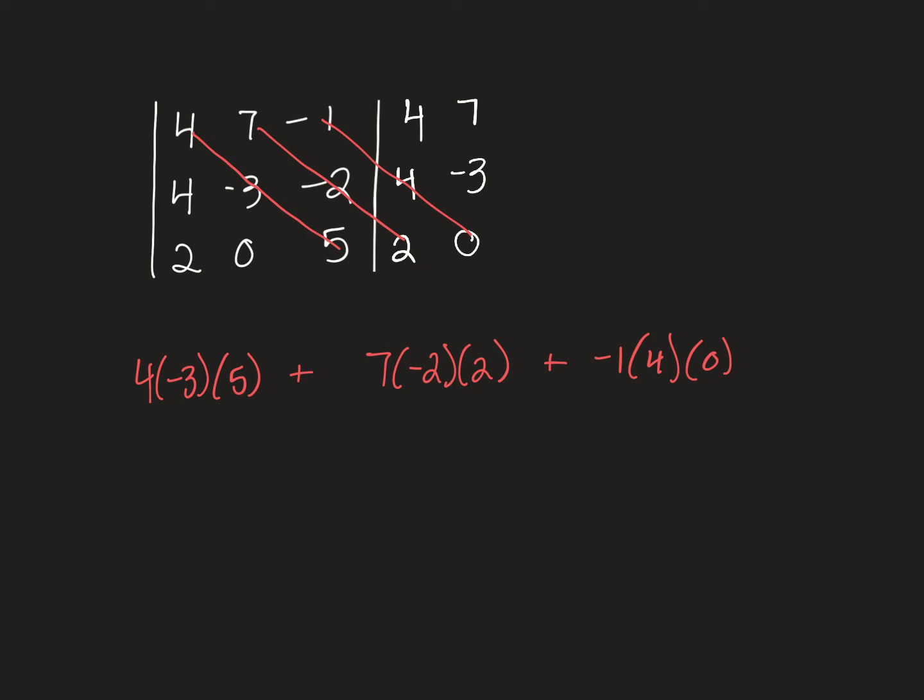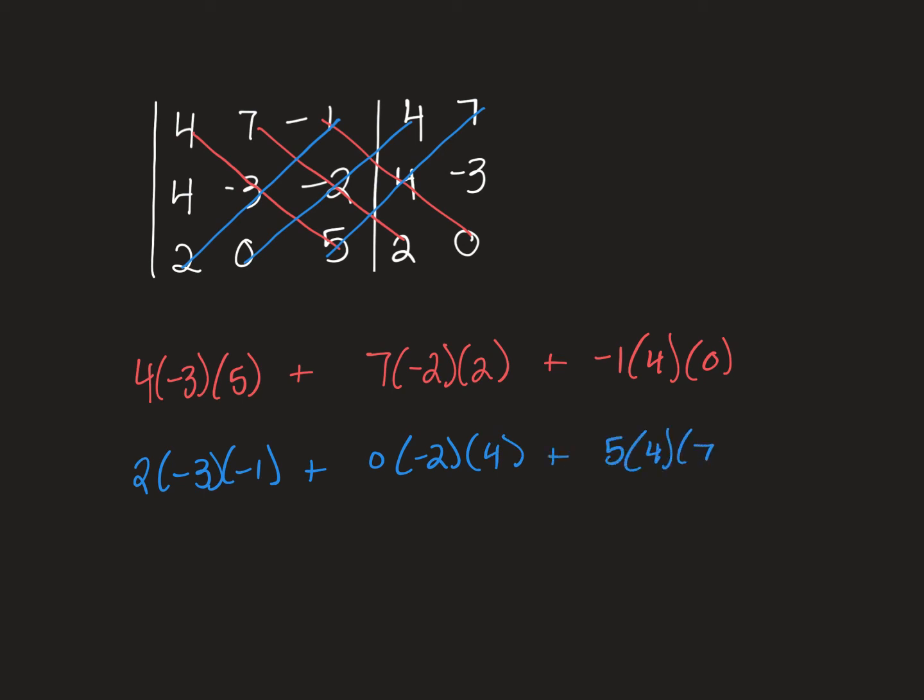Then we're going to go the opposite way. We're going to start in our bottom left corner and do these 3. So we get 2 times -3 times -1, plus 0 times -2 times 4, plus 5 times 4 times 7.